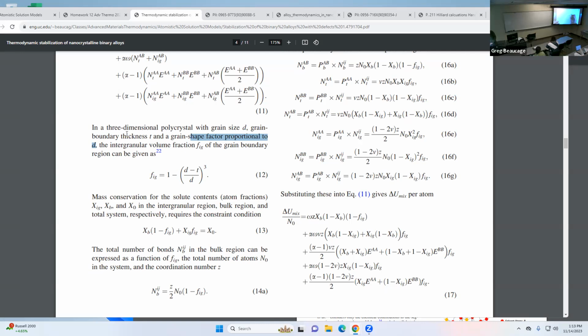When the diameter of the grain is the same as the thickness of the interface, then it's all interface. And if you plot log of FIG versus log of D, you get a straight line. So this is basically a log dependence, which means FIG is proportional to the thickness to some power.